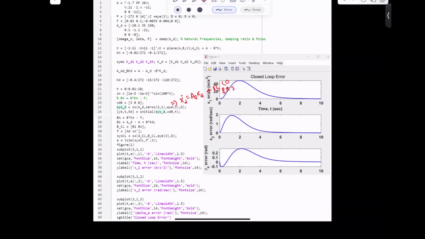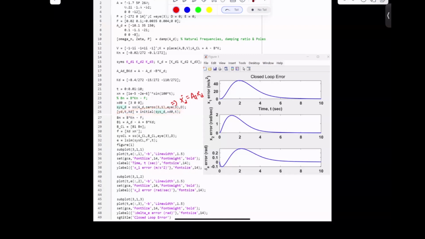That's why B is not there. I means we are assuming XD1, XD2, XD3 as the output of the desired dynamics, and the D part is already assumed to be 0, right? From this we can find this solution. This is the desired dynamics solution.